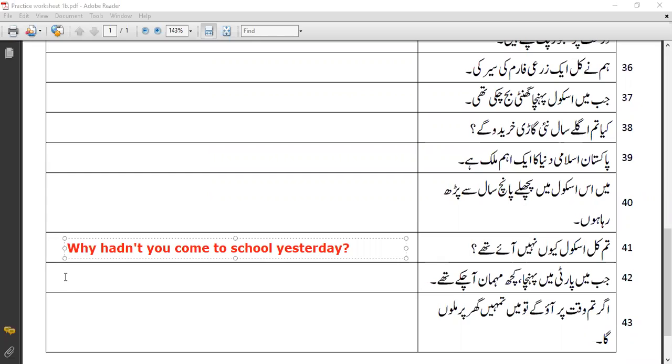Sentence number 42 says, जब मैं पार्टी में पहुंचा कुछ मेहमान आ चुके थे. Similar one which you had done, and in this also you have to write the first part of the sentence as simple past.